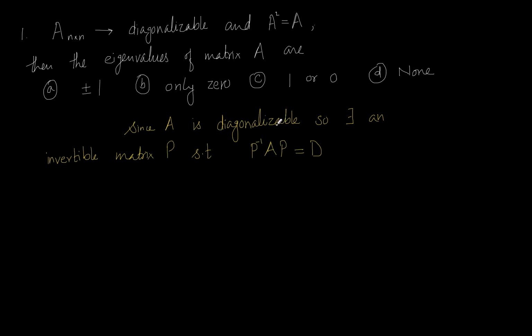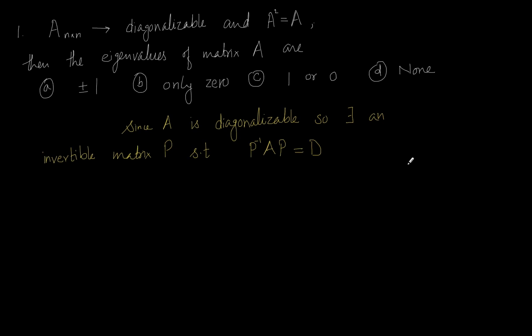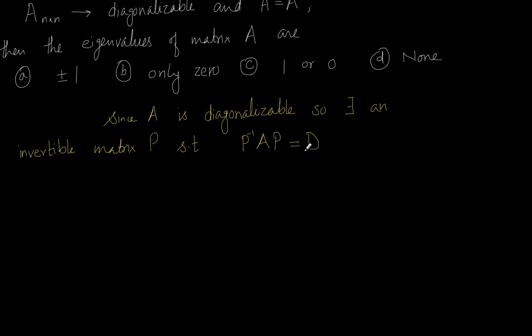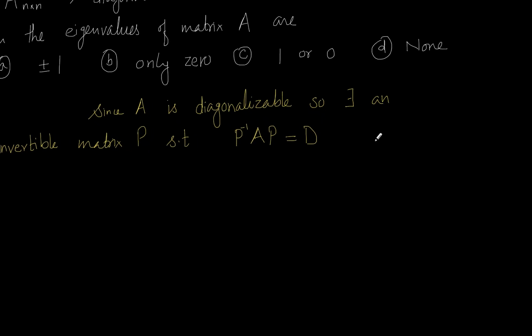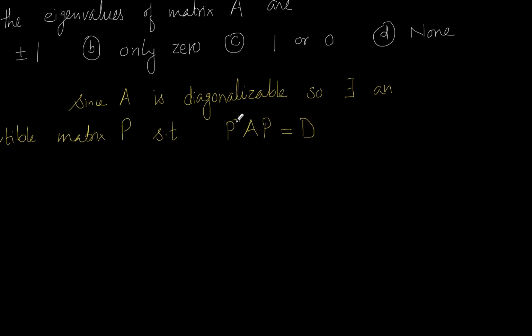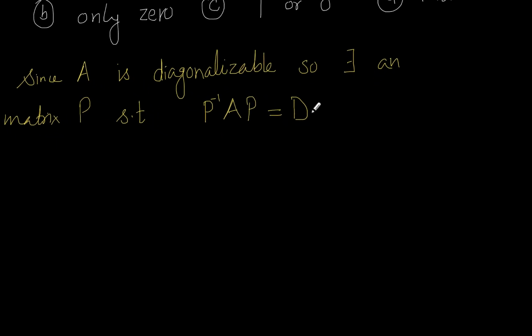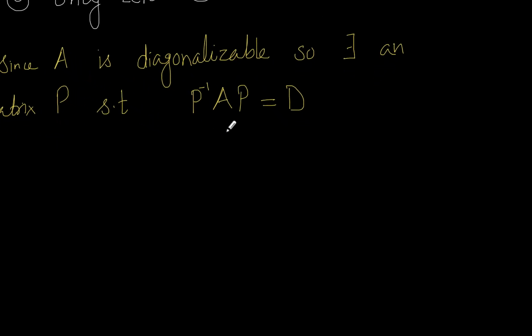Since A is diagonalizable, we can find an invertible matrix P which satisfies this equation: P inverse AP is equal to D, where D is a diagonal matrix, and we also know that A and D have the same eigenvalues, or you can say that the entries of the main diagonal of the matrix D are the eigenvalues of A.